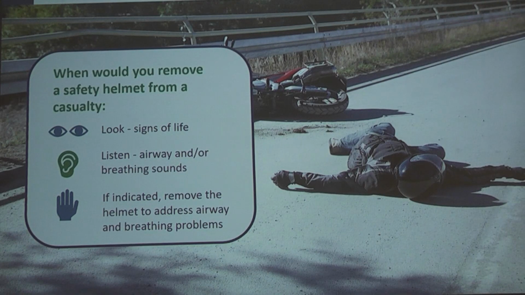Or there might be a lot of damage to the helmet, and it's done what it should do, which is protect the person. Or it might be that there's a lot of damage to the helmet and the helmet has failed structurally and transferred all that energy to the person. Okay, so that brings us rapidly to the question. So what would we do to someone who's wearing a helmet?